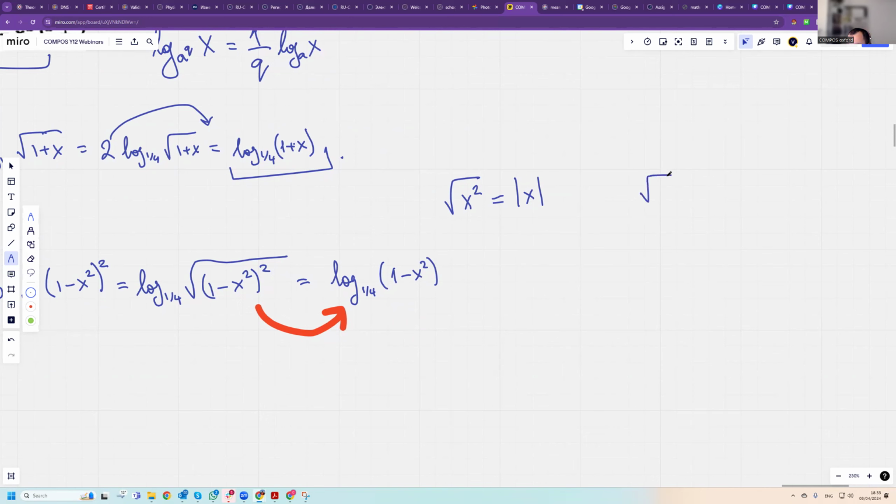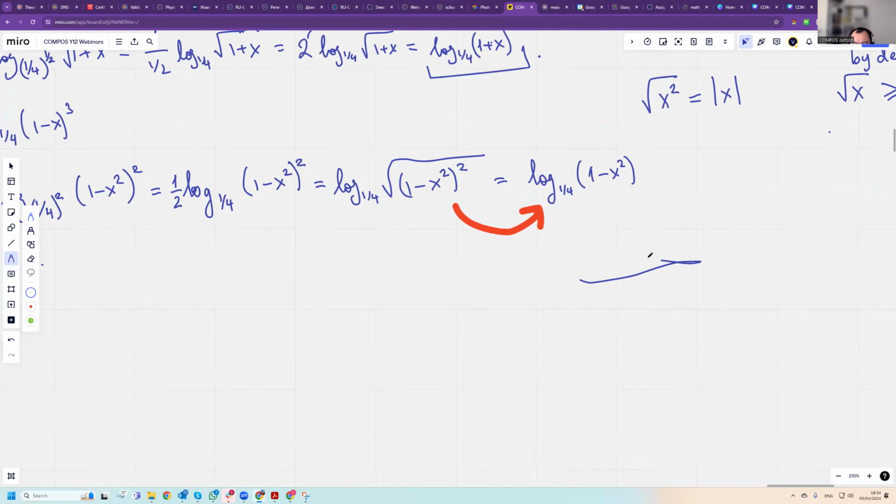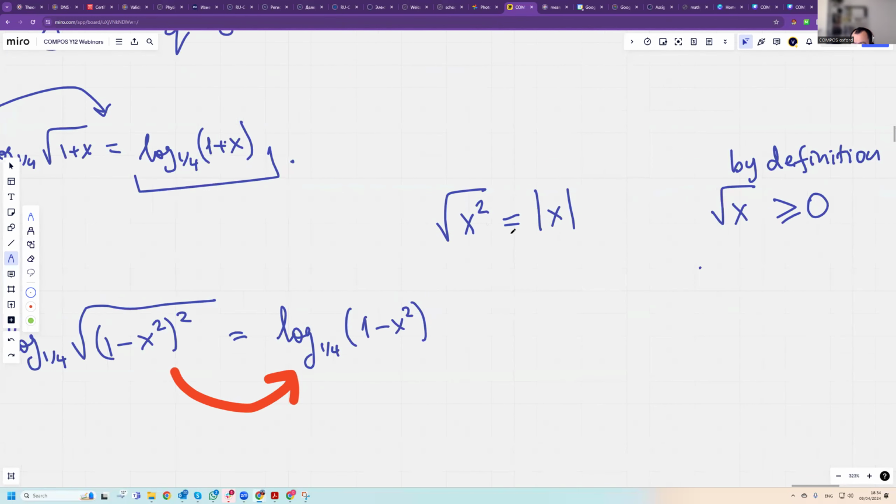Square root is always non-negative by definition. Right. Why is the square root of x squared the modulus of x?